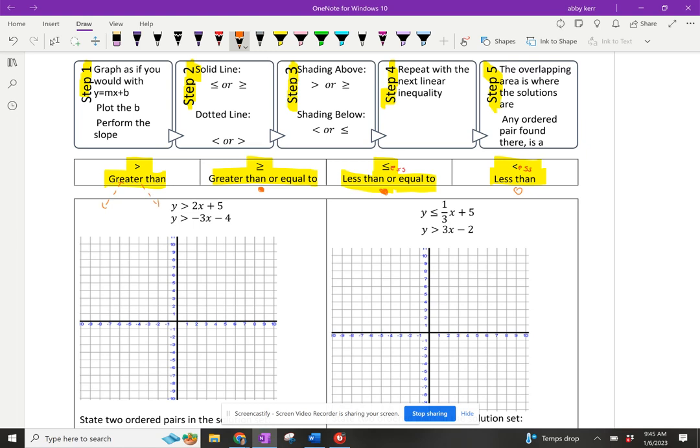And it doesn't matter what direction, it depends on your problem. The closed circle can identify now as a solid line. And once again, your direction will matter based on your graph, which I will show in a moment.